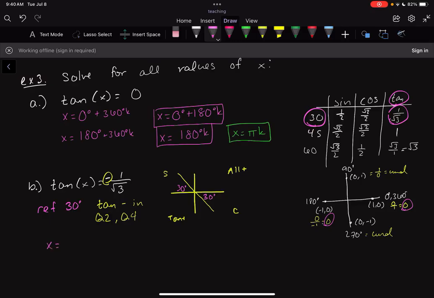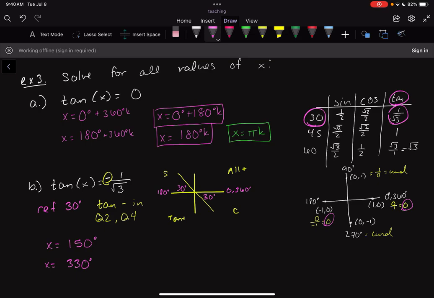So for my first one, 180 minus 30 would be 150. And then technically my second one, if I wrote it out, would be 330.